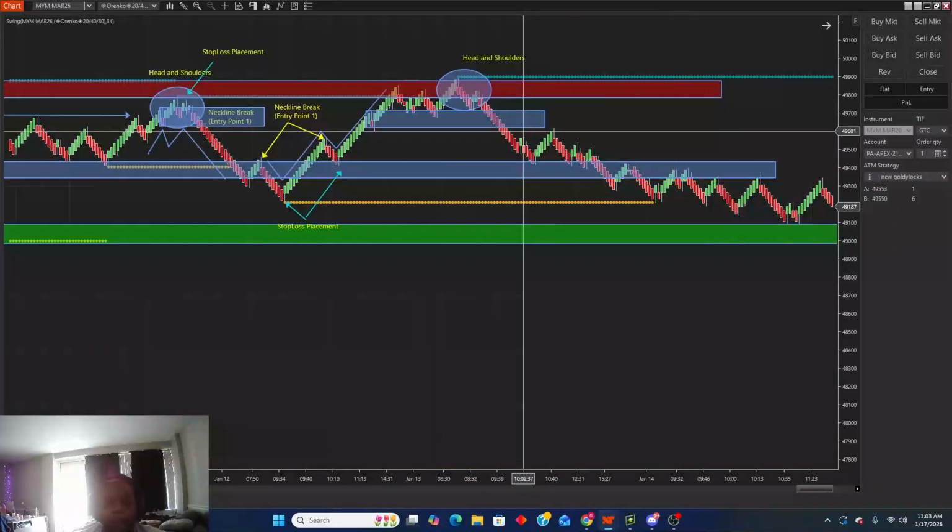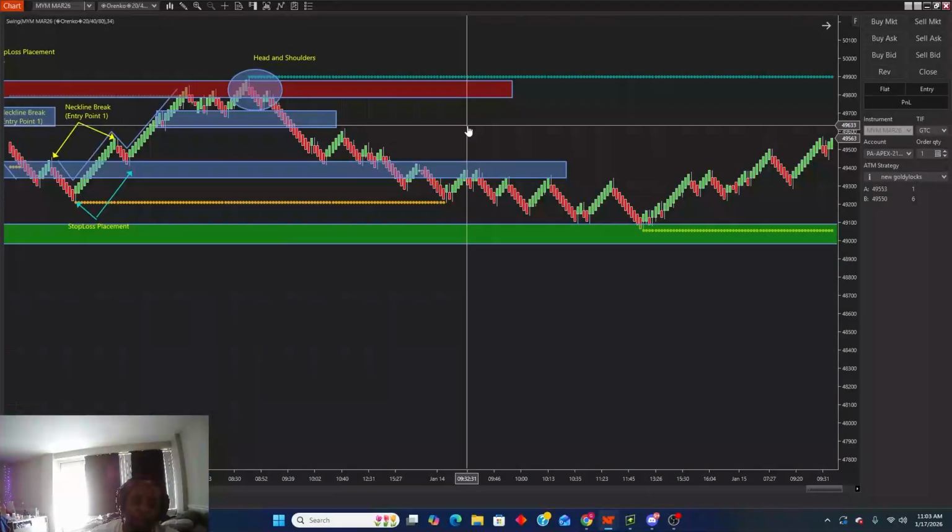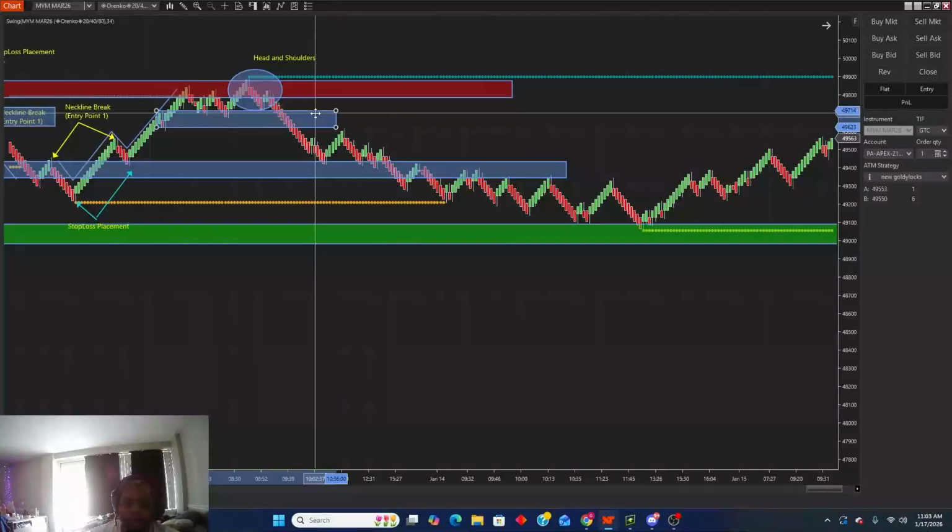Where's your entry? At this point, you should know where entries are. You feel me? Every time you see this, it should be second nature. Right? Cool.